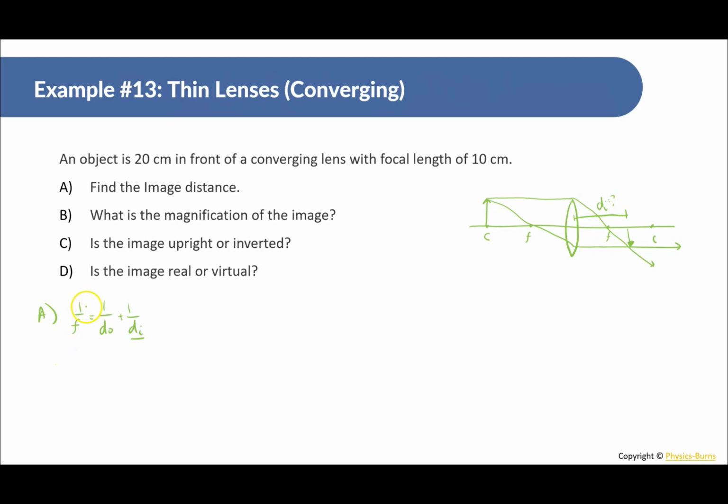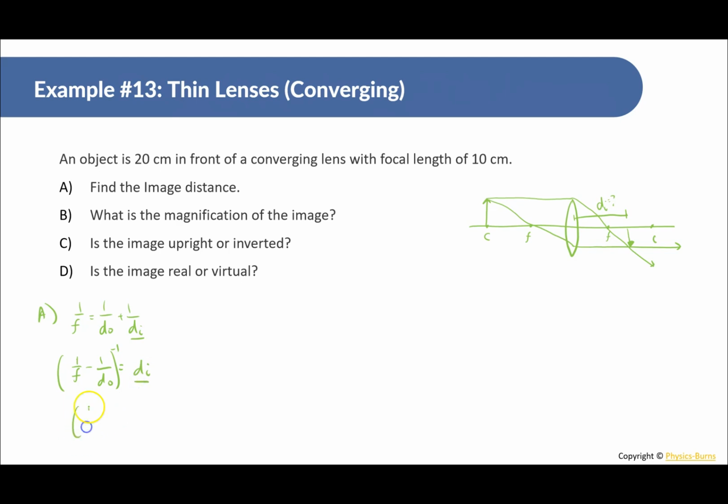So maybe I'll just put this to the other side like this. So I'll do 1 over f, and I'll bring this to the other side, minus 1 over distance of object is equal to 1 over distance of image, but this means this has to be inverted, okay? So that's how we manipulate it to find the distance of image.